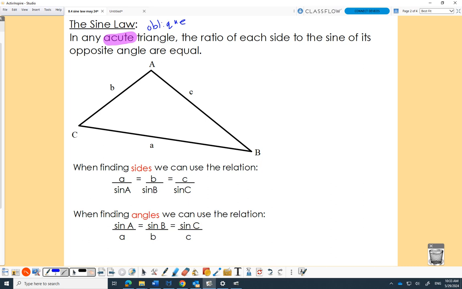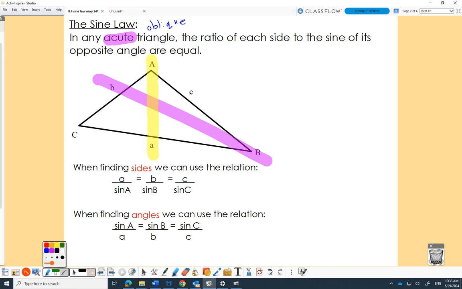The ratio of each side to the sine of the opposite angle are equal. I said it fast on purpose. Saying it fast is actually better. The ratio of each side to the sine of its opposite angle are equal. So let me do it again. Maybe you do it on your page too, maybe with circles. Look: B, B. That's how we'll label from now on, so this all works out very tidy. And then A, A. And then, what do I have left to highlight?